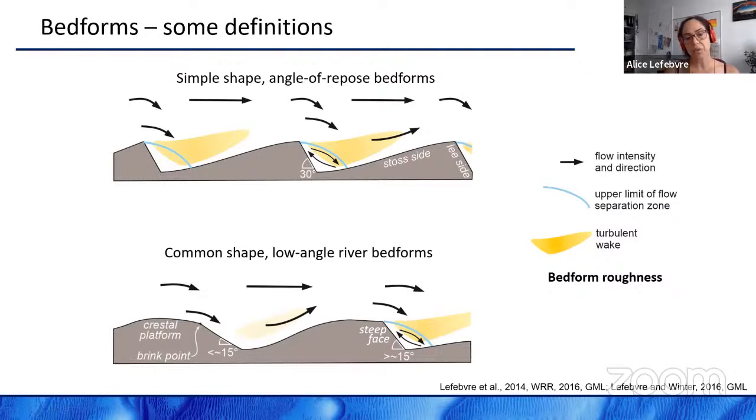And that is important to know because when the lee side is less than 15 degrees, there is no flow separation. So you don't have that big eddy which forms, and you have only very little turbulence. If the lee side is between 15 and 25 degrees, there might be a small flow separation which forms and a bit of turbulence, but definitely not as much as over the angle of repose bedforms.